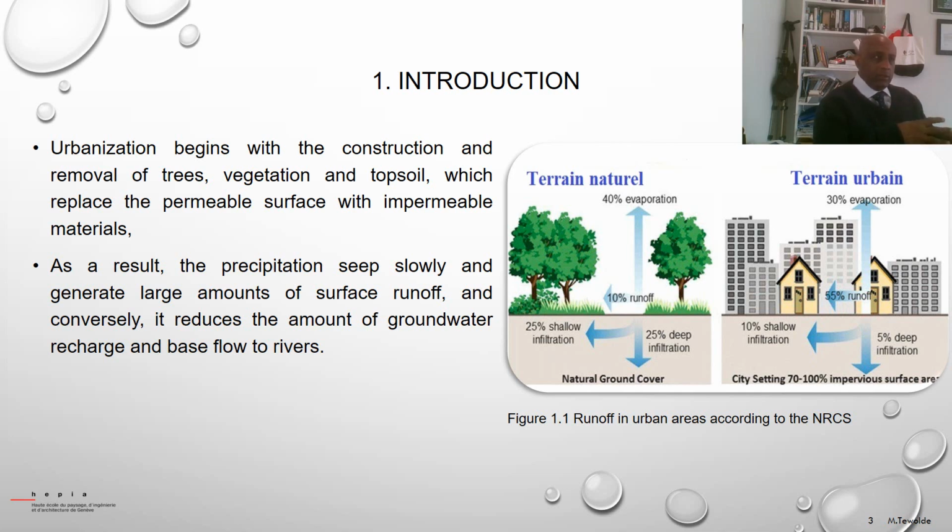That is the effect of urbanization on the natural rainfall process. Also, because the percolation decreases, the groundwater table reduces.